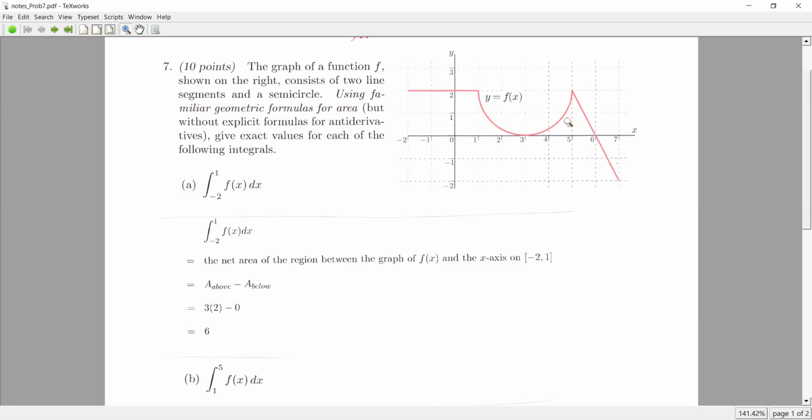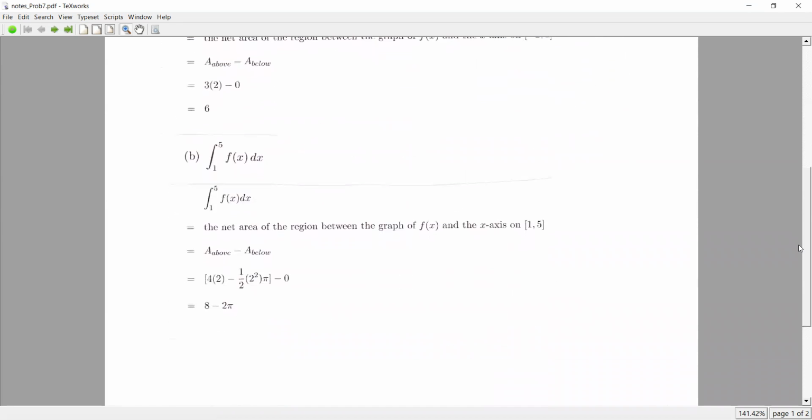The area above the x-axis is the area of this rectangle minus the area of this semicircle. The area of the rectangle is this number. The area of the semicircle is this number. So the answer to Part B is 8 minus 2 pi.